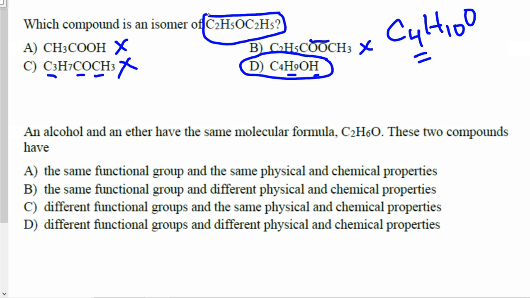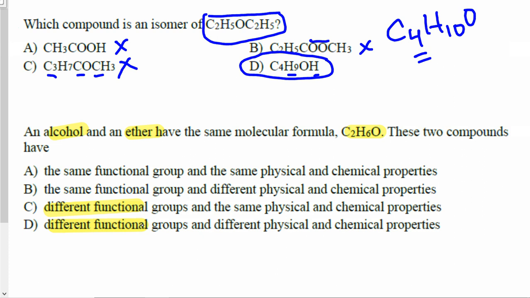If you look at the next question, if you have an alcohol and an ether, and they have the same molecular formula, which is C2H6O, first of all, they're already telling you that you have alcohol and ether, which are 2 different functional groups. So it could be option C or D. If you have 2 different functional groups, their physical and chemical properties cannot be the same.